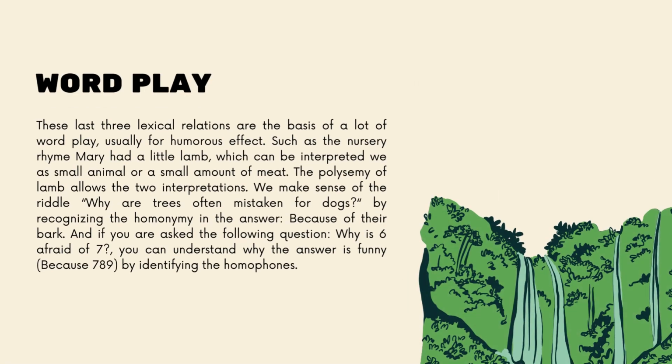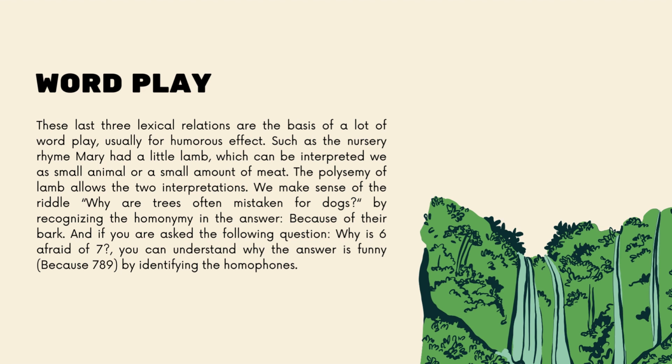Wordplay. These last three lexical relations are the basis of a lot of wordplay, usually for humorous effect, such as the nursery rhyme Mary Had a Little Lamb, which can be interpreted as a small animal or a small amount of meat. The polysemy of lamb allows the two interpretations.